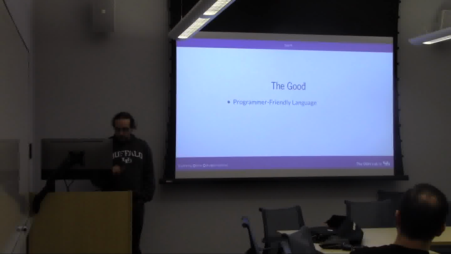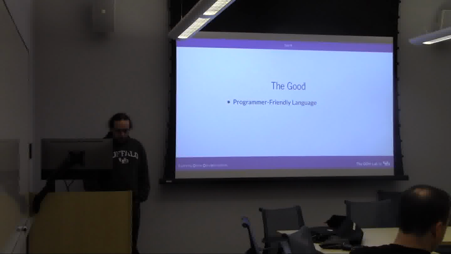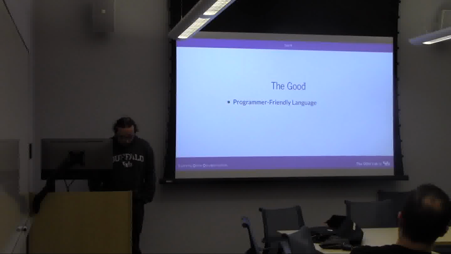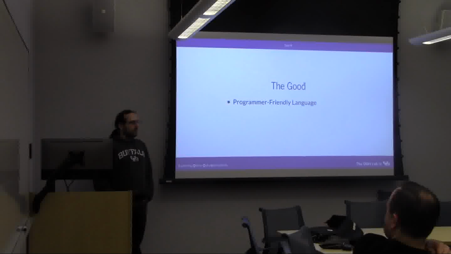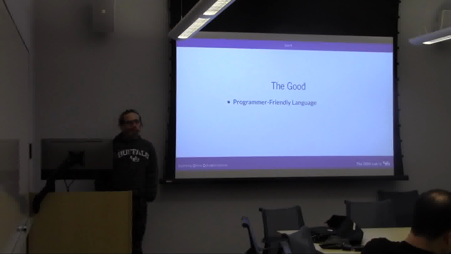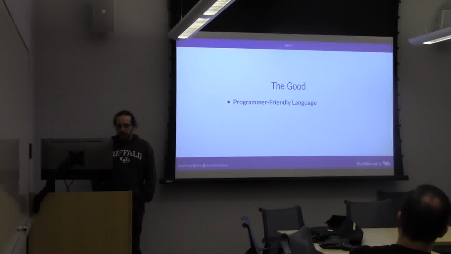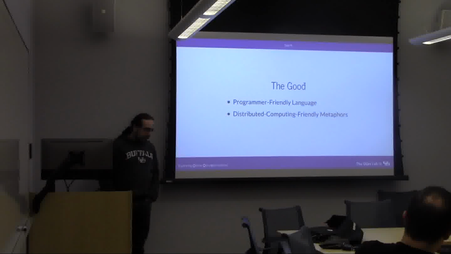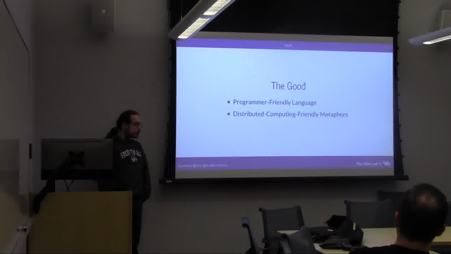So MapReduce did scratch an itch that many people working with large data sets at the time had. In fact, it scratched several itches. First off, to write MapReduce code, you basically used the same languages that you were familiar with. At this point, everyone was using Java. You write some Java code, and all of a sudden you get a lot of the nice properties of a database. It distributes it, takes your code, and runs it across a whole bunch of machines, and you get a lot of that for free. It had a couple of metaphors, map and reduce specifically, that were extremely friendly to distributed computing.